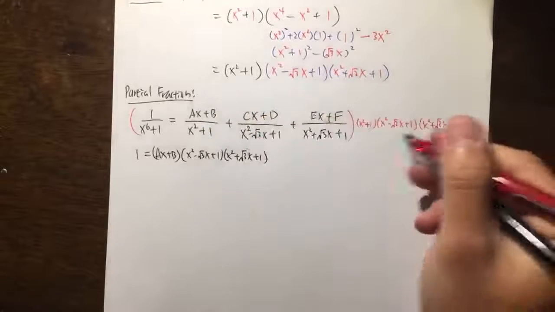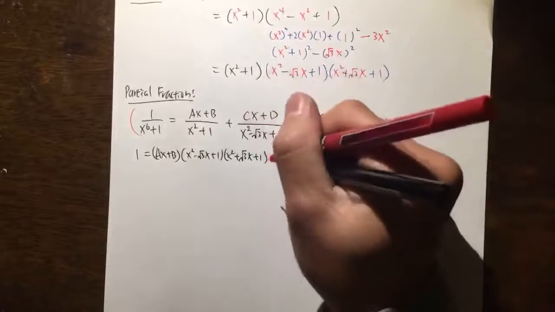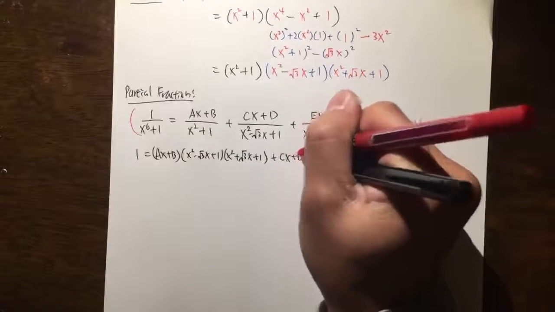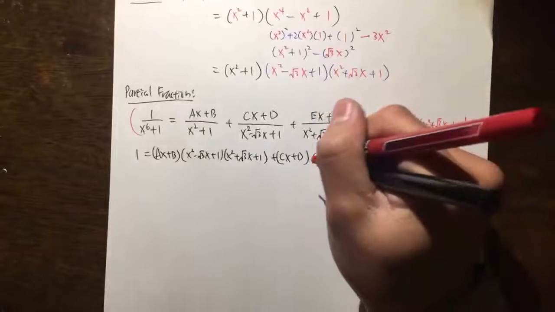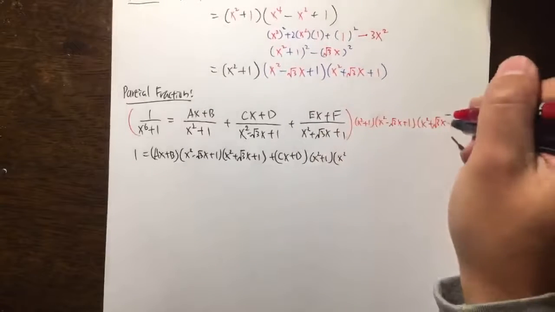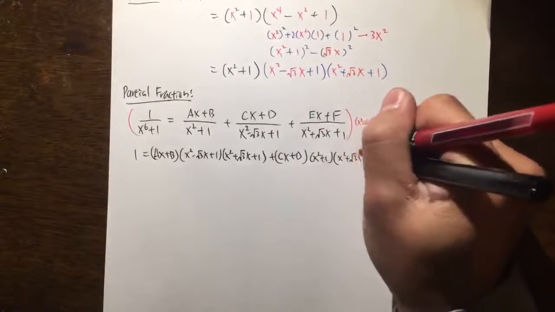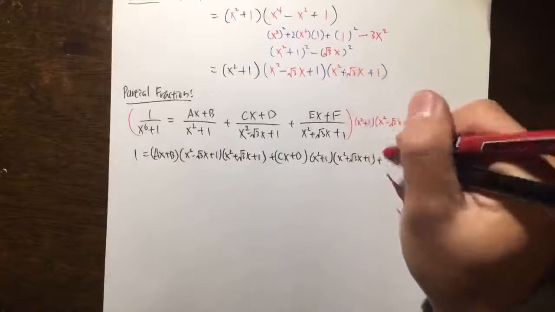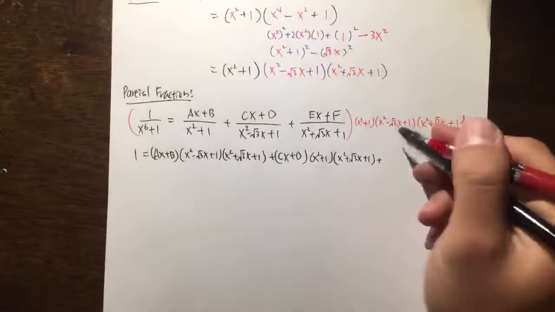And then this times that, the middle term will cancel, and then we will have plus cx plus d, times the x squared plus 1 times x squared plus square root of 3x plus 1. And lastly, we add this times this too.